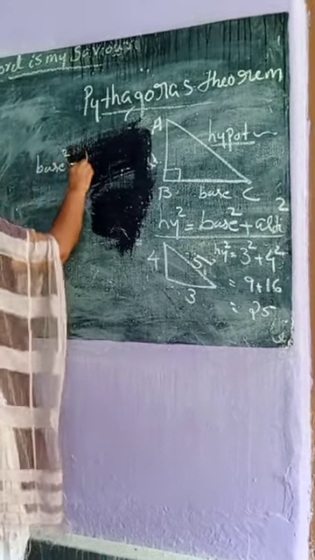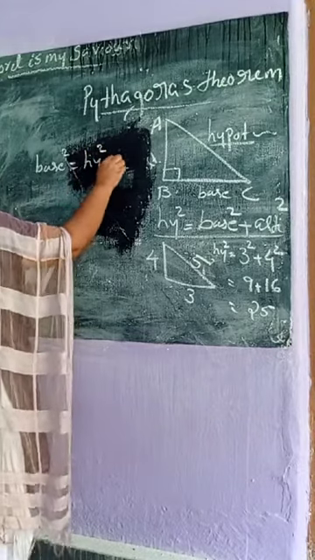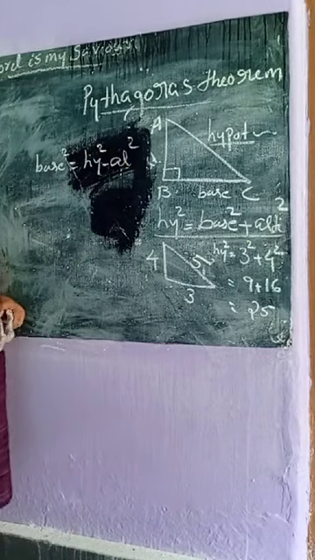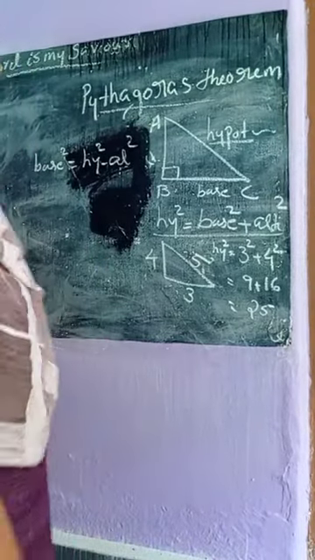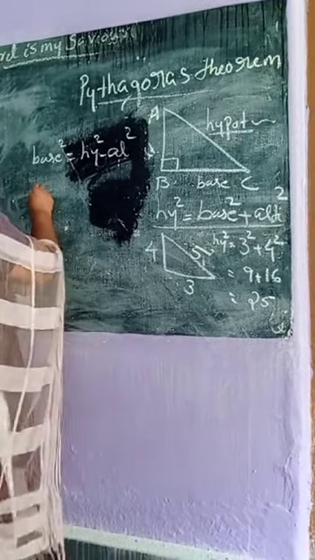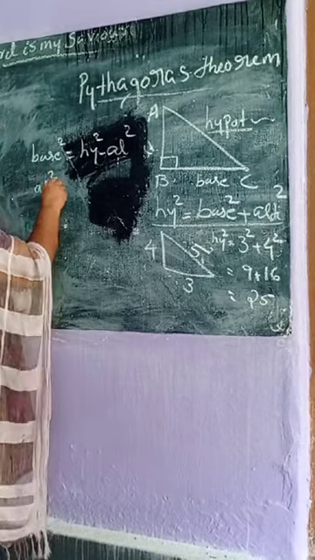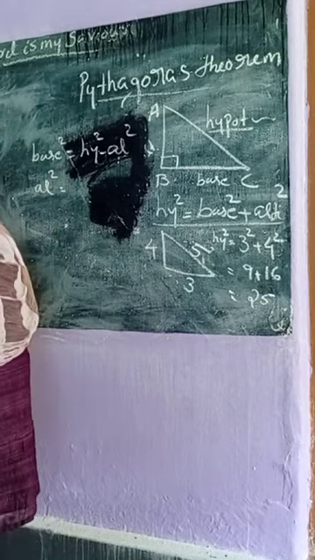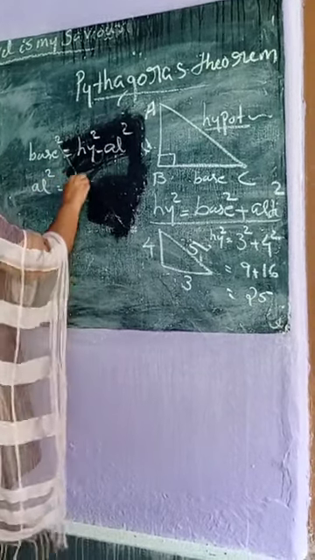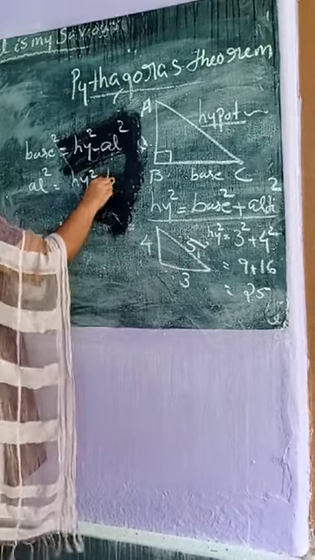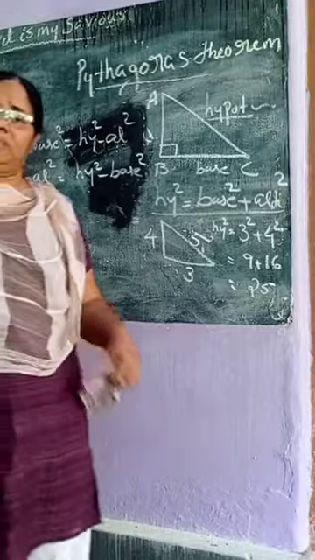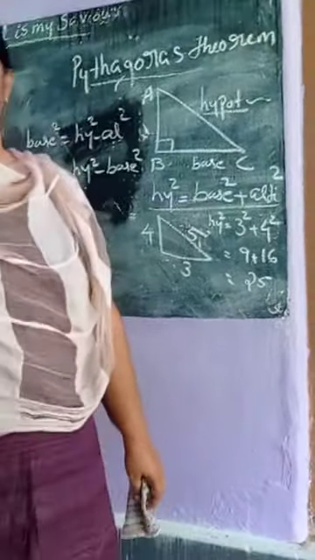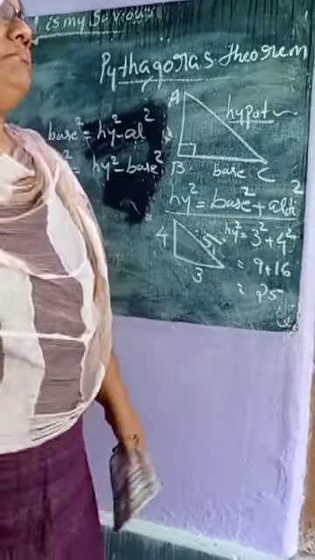Base square is hypotenuse square minus altitude square. Same way, altitude square is equal to hypotenuse square minus base square. Listen, very simple chapter.